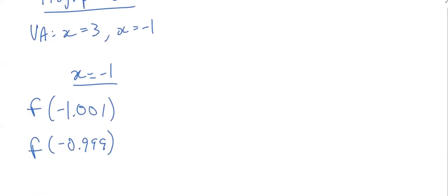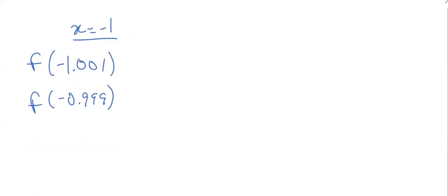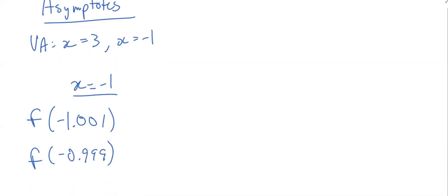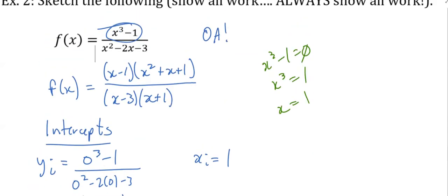Are we happy with that? Or maybe we should check it with our calculator. This mental stuff, think about that for a second. If you are hesitating and you're not sure, check it on your calculator. Negative 1.001.